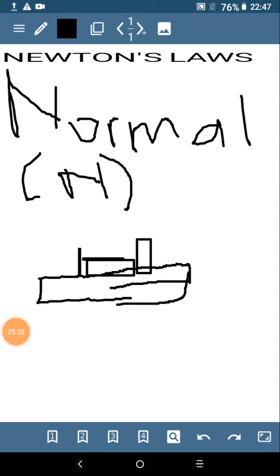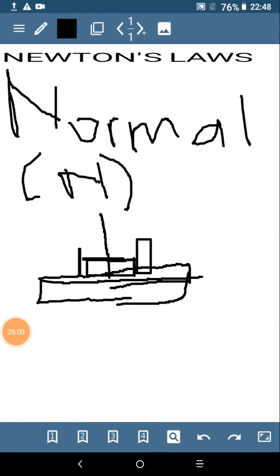So you could see that these objects are resting horizontally, perpendicular, to mean that the angle between the surface and this force is 90 degrees. So in order to have 90 degrees, there would have to be something like that. There is my 90 degrees. So any object resting on a surface, be it inclined or horizontal, there is a normal force.